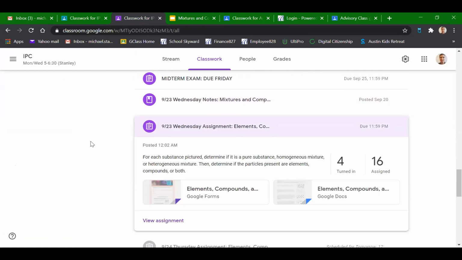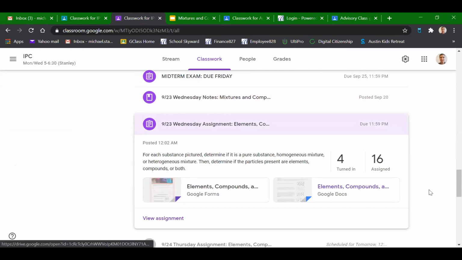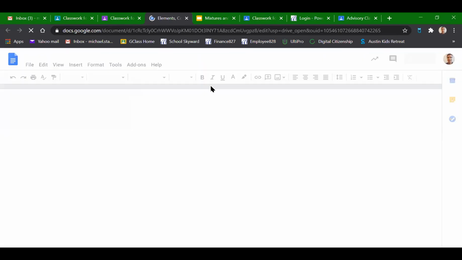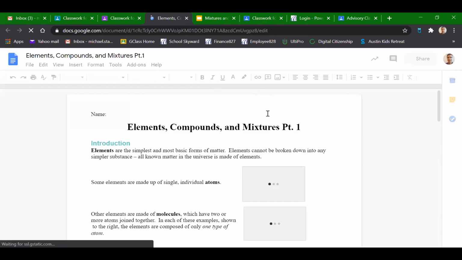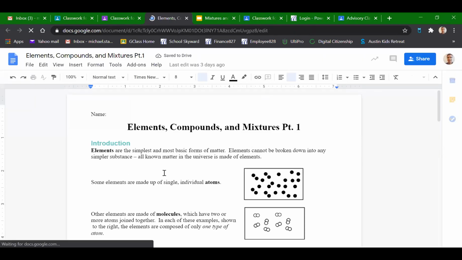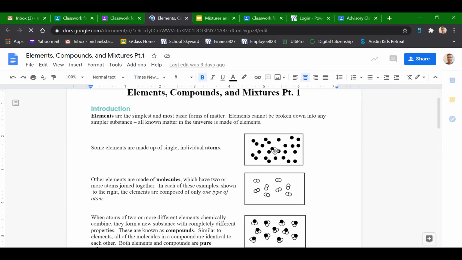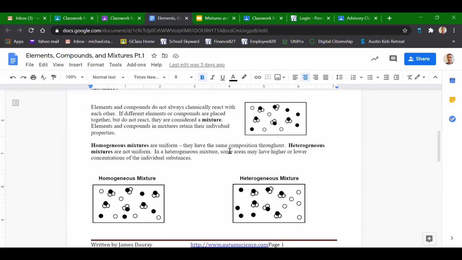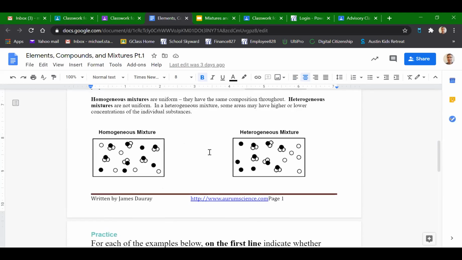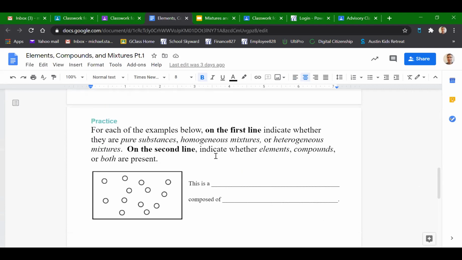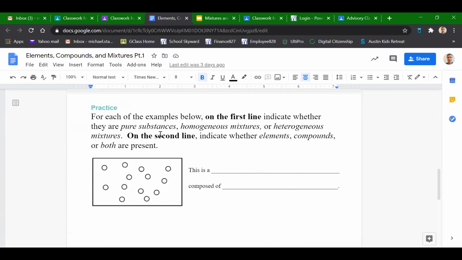So today's assignment, the first page is a bit of a review from some of the stuff that we've been talking about today, going back to using the black dot, white dot examples. And then the second page is where the answers actually are, where the homework actually begins.